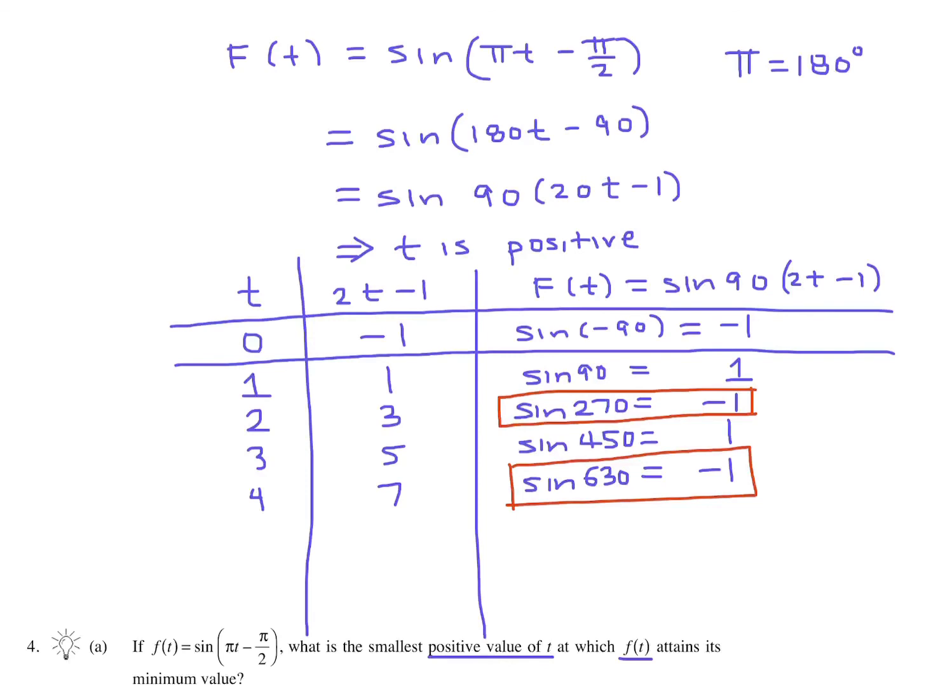Well, it happens when t is equal to 2, when t is equal to 4, and so on. And they want the smallest possible value of t. So in our table, even if we kept going, our smallest possible value of t that would make f at t minimum is t equal to 2.